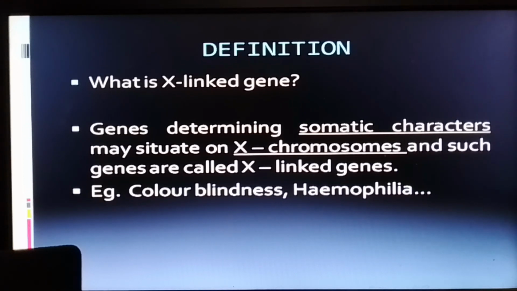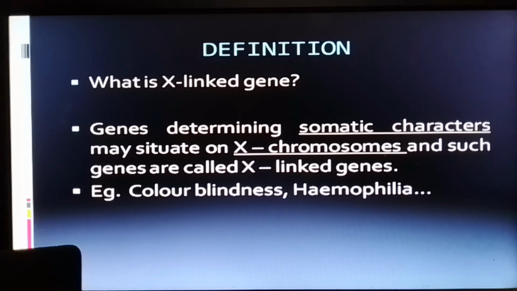And such genes are usually expected to be on somatic chromosomes. Now in the case of human beings, there are 22 pairs of autosomes or somatic chromosomes, and the genes responsible for such blood clotting characters may be expected to be present on the somatic chromosomes in general.